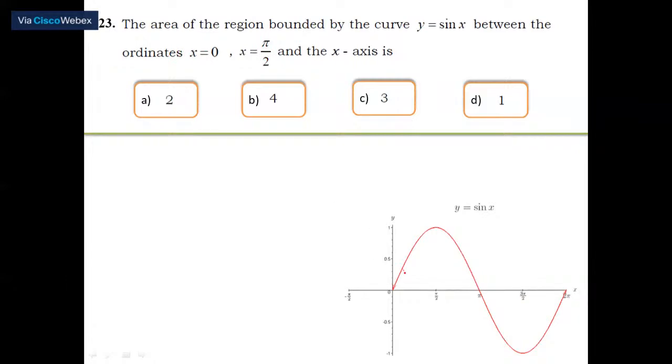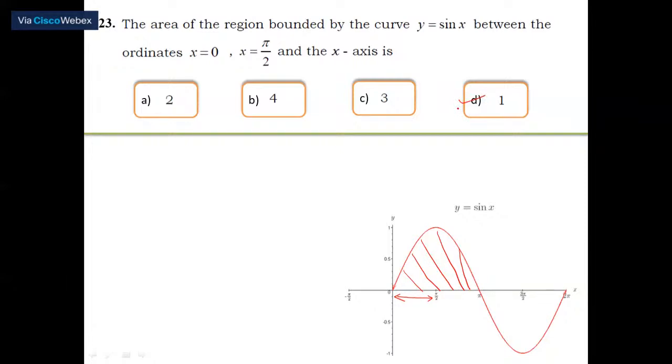We know that the area of one complete arc of our sine x is 2. But here it is asked to find from x is equal to 0 to pi by 2. And when it is 0 to pi by 2, it is exactly half of the total area. Total area is 2. When we consider half of that, it is nothing but 1.